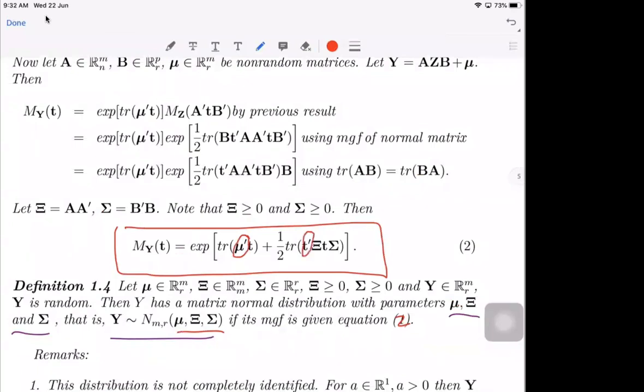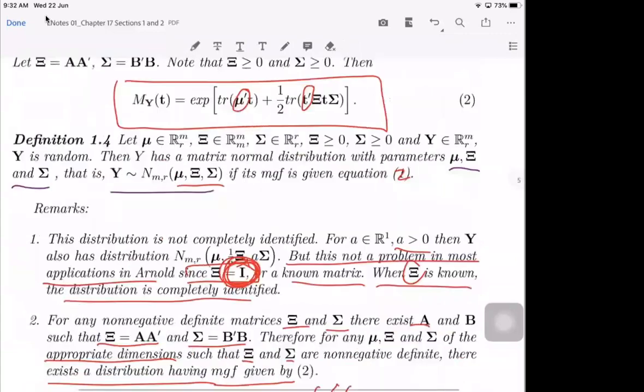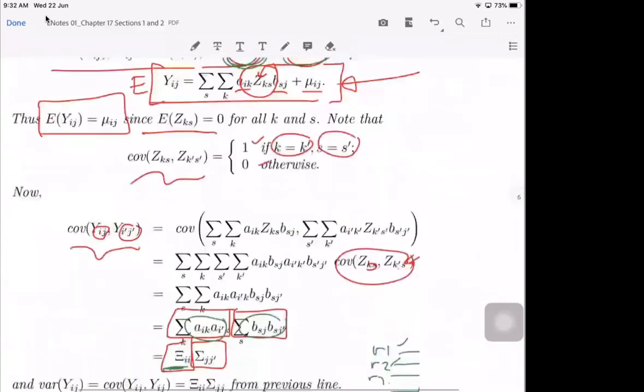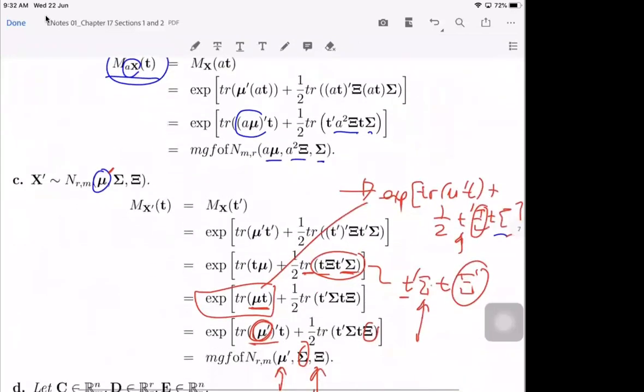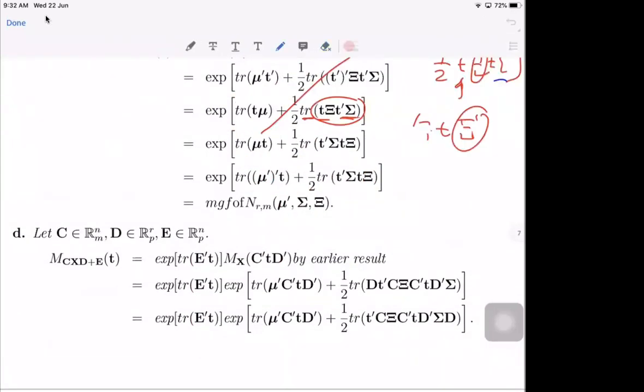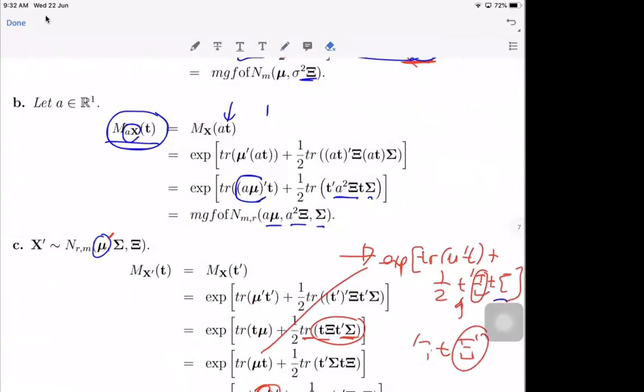T prime here, no? So that it takes the form. So mu prime. So your parameter here is mu prime. So this should be mu prime.